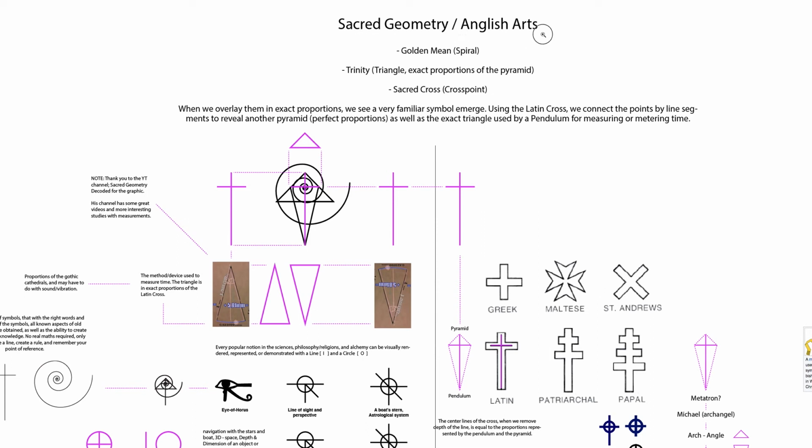But since I'm also dealing with language, including character sets, sigils, letters and typography in other videos, for me it all falls under Anglish Arts, which, if any of what I'm positioning is correct, could fall under sacred geometry or vice versa.